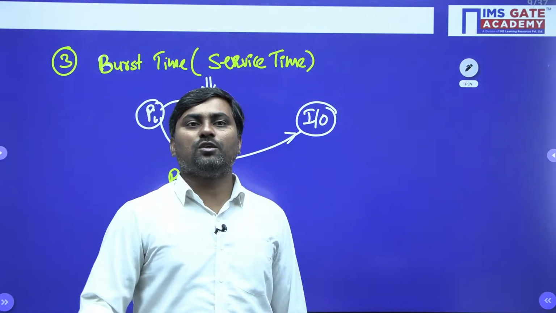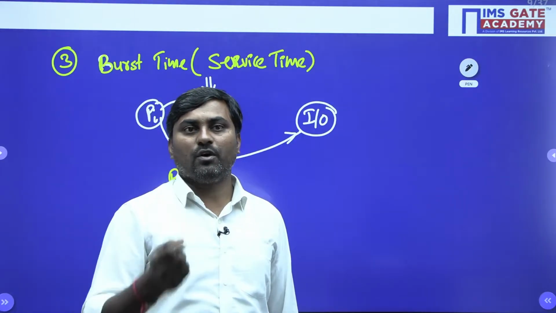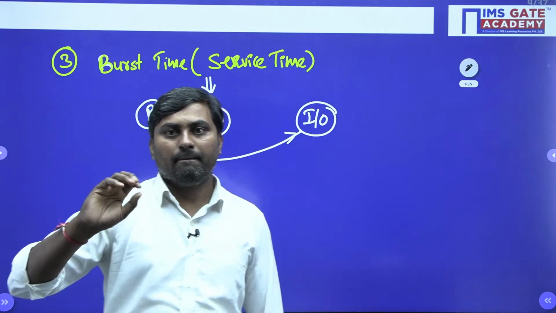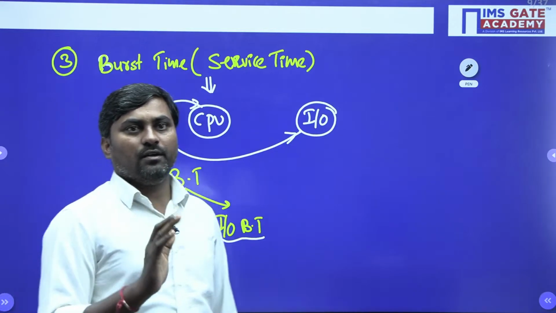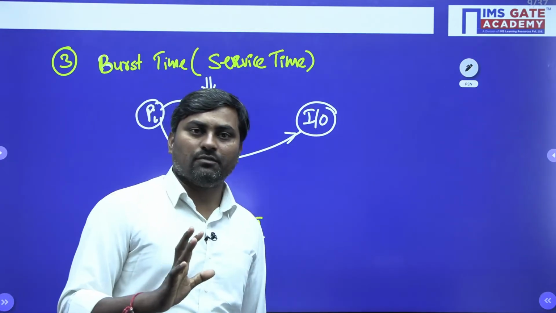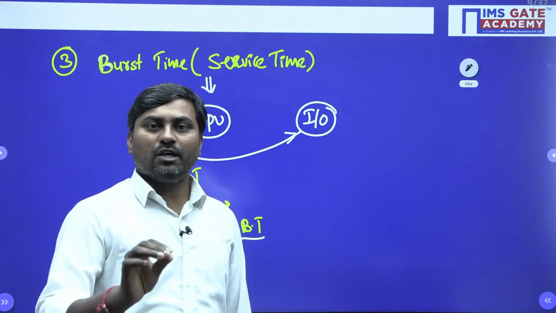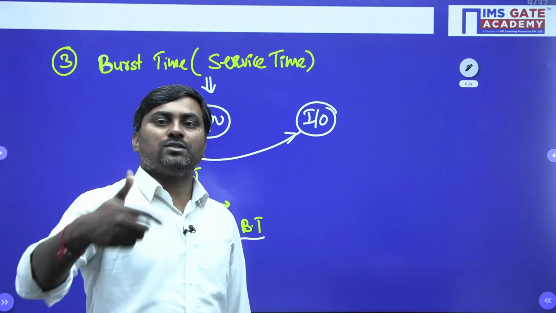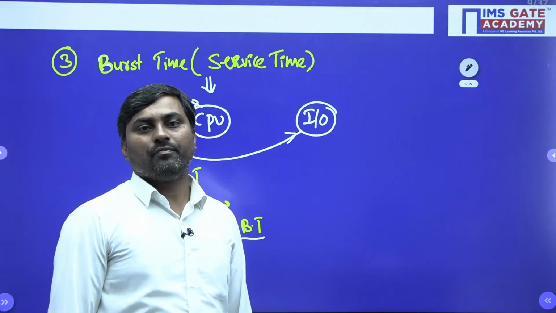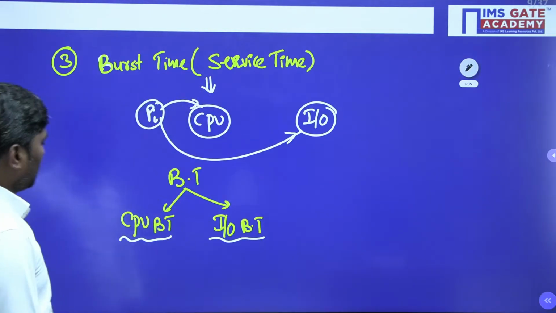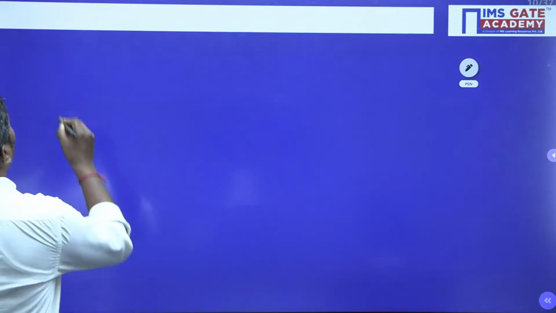When one term is ignored, we simply call it burst time. Is it clear? Burst time or service time can be CPU burst time or IO burst time. If only CPU burst time is there, the process does not require any IO activity. Right? Okay, another term we will see, the fourth one.